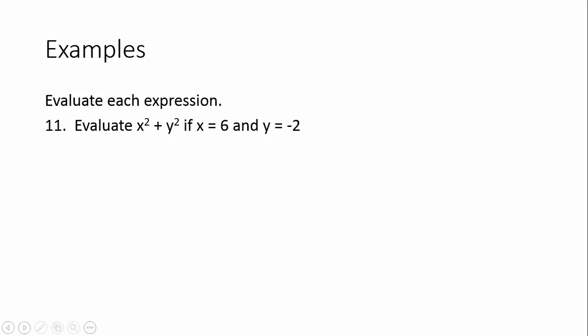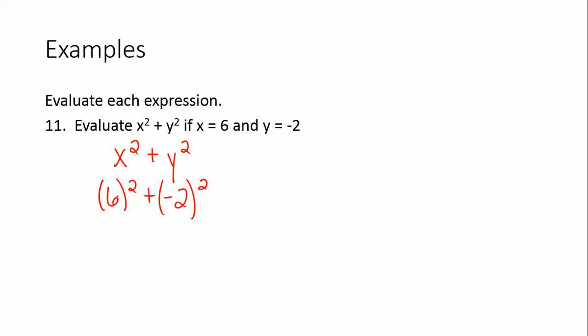And now let's look at an evaluation, x squared plus y squared, and we're told that x is 6 and y is negative 2. So again, we want to make sure we're really careful with our negative 2 here. So we do 6 and we square it, and we're adding a negative 2 and we're squaring that.